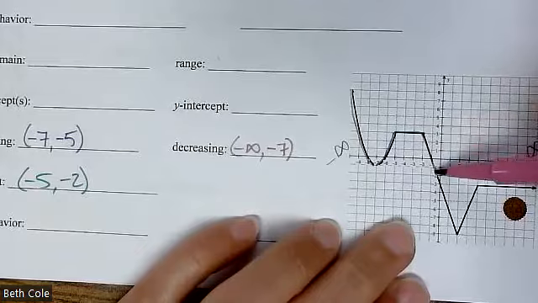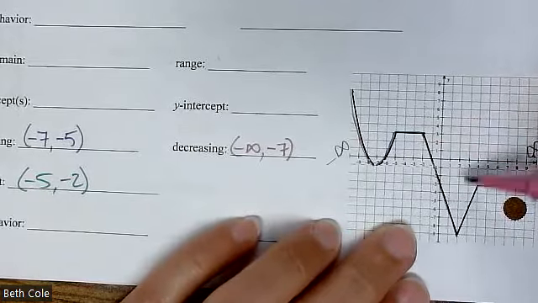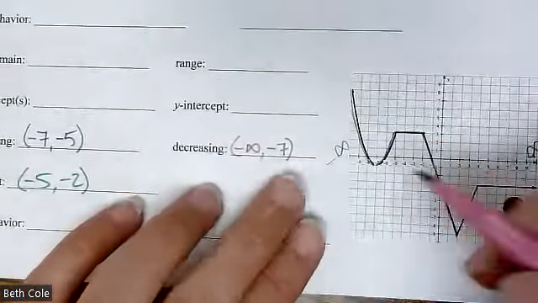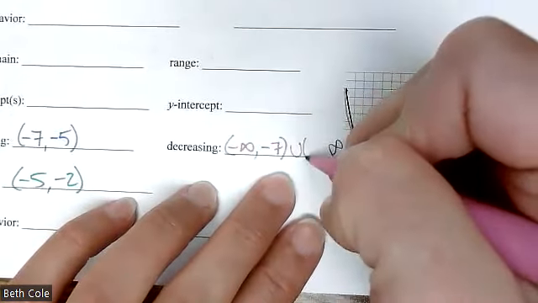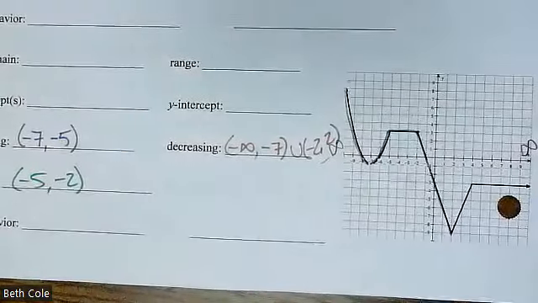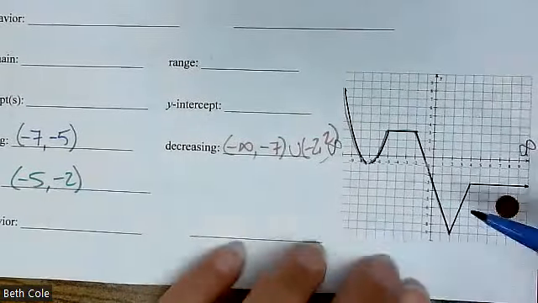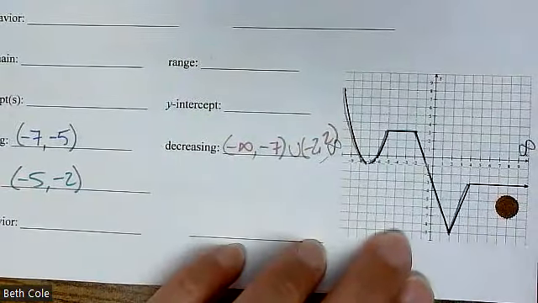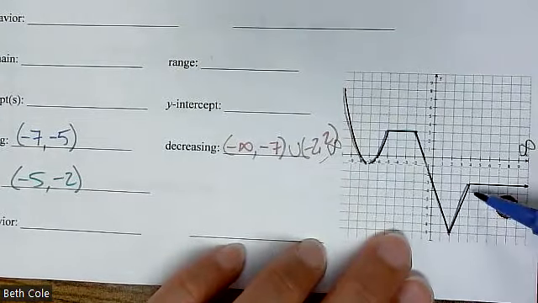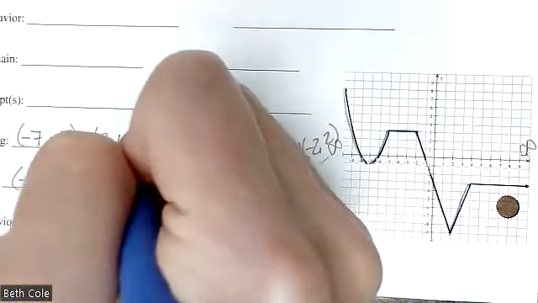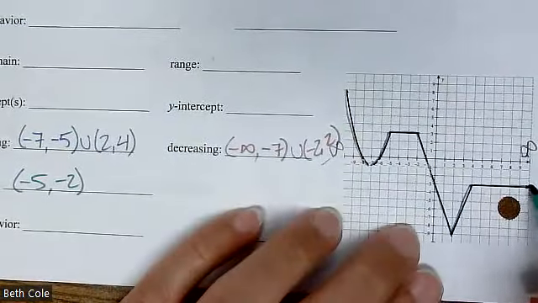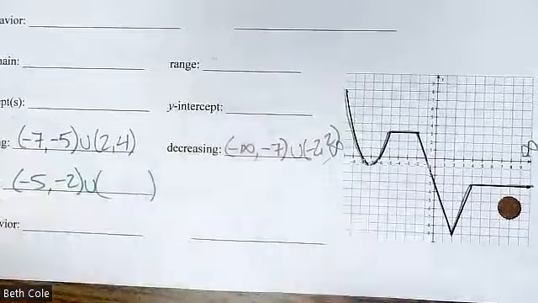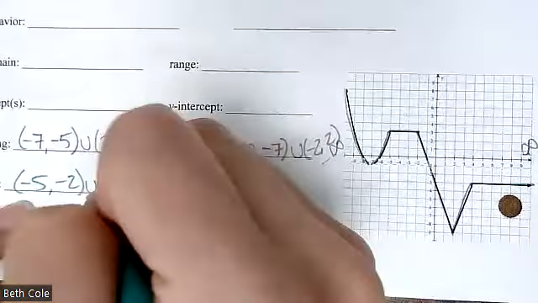All right, so we decrease from negative 2. Okay, so what do I need to put since my answer's not done? Union. Negative 2 to 2. And then increasing, 2 to 4. So union onto that one, 2 to 4. And then constant will be where to where? Infinity. Good.